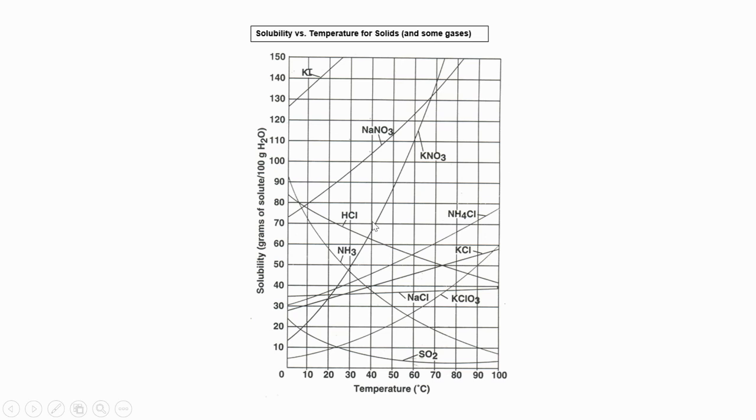The answer is less than 70, but probably above 65. So I'm going to say 66. You might have said 65, 66, 67. Because this is 60 and this is 70, there is some estimation involved. So I'm going to pick a number and say 66 grams can be dissolved at 40 degrees.